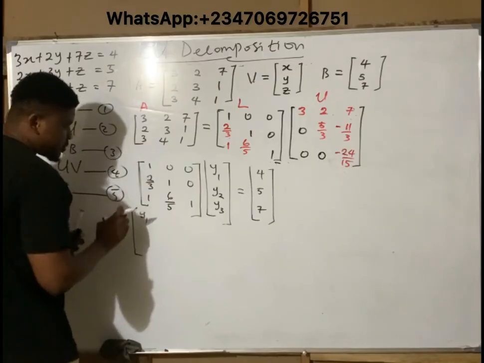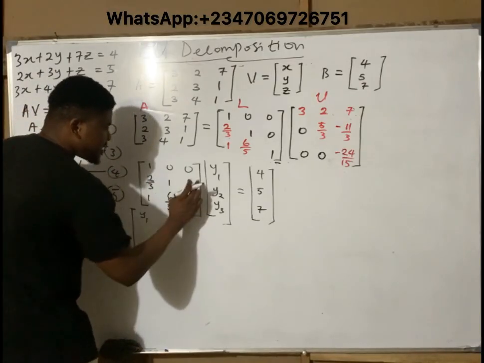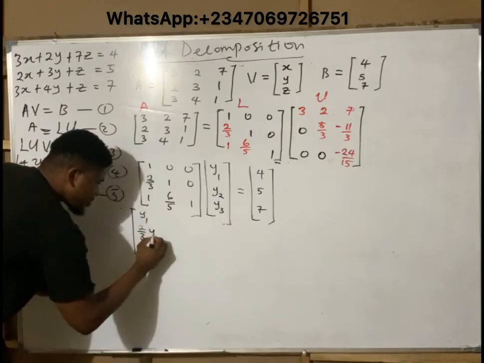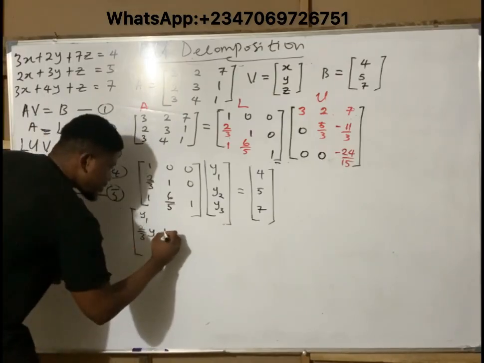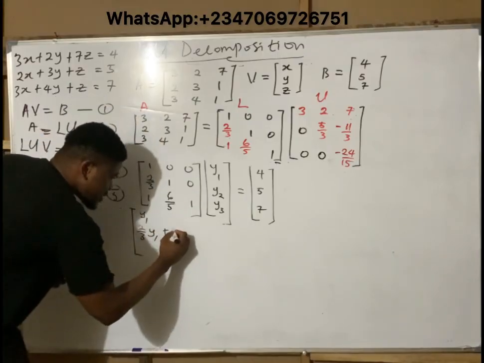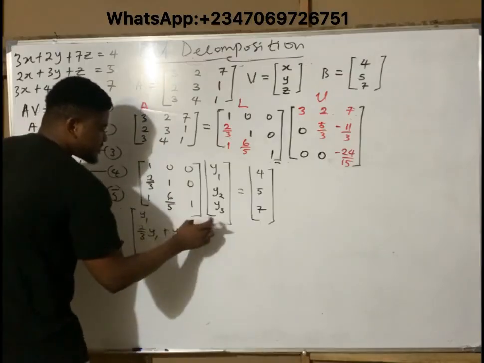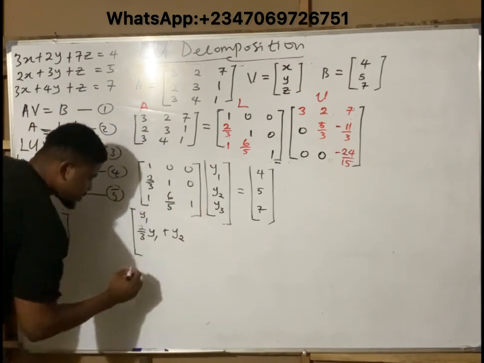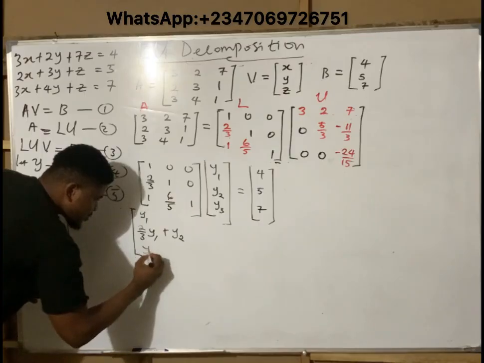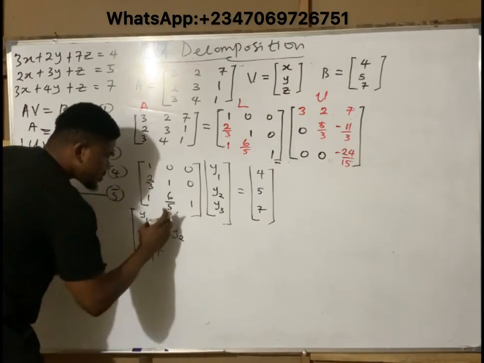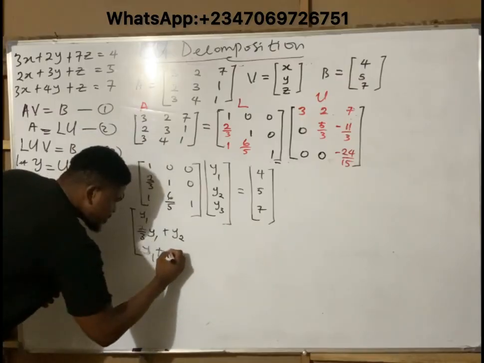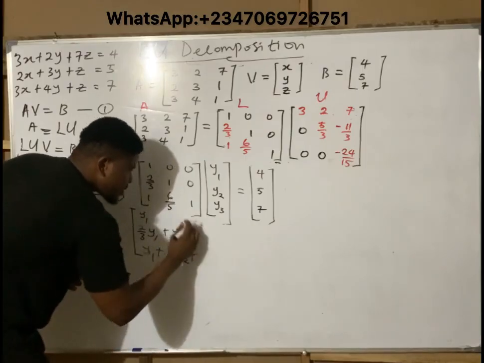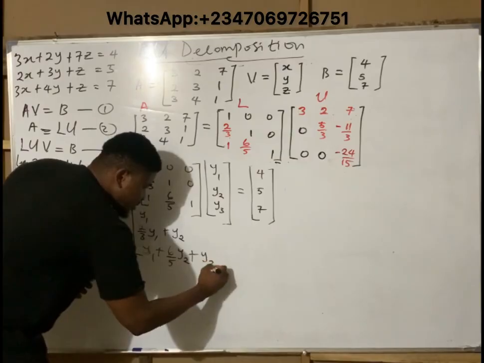We move now to the second row. 2 over 3 multiplied by y1 gives us 2 over 3 y1, plus 1 times y2, which gives us y2, plus 0 times y3, which is 0. We move now to the third row. 1 times y1 is y1, plus 6 over 5 y2, plus 1 times y3, which gives us y3.